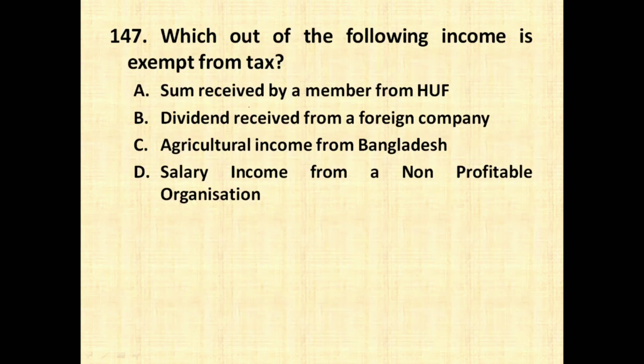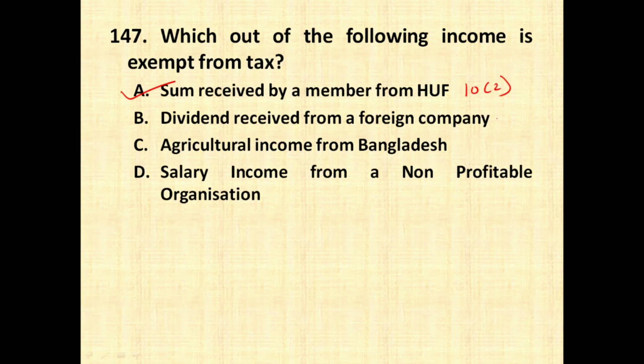Which of the following income is exempted from tax? Sum received by member of HUF, dividend received from a foreign company, agriculture income from Bangladesh, salary income from a non-profitable organization. So option A, sum received by a member of HUF, is exempted under the Income Tax Act. Under section 10 subsection 2 it is exempted.